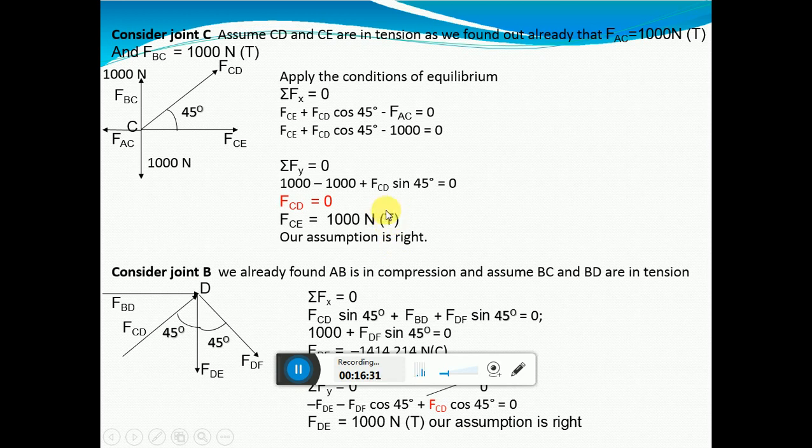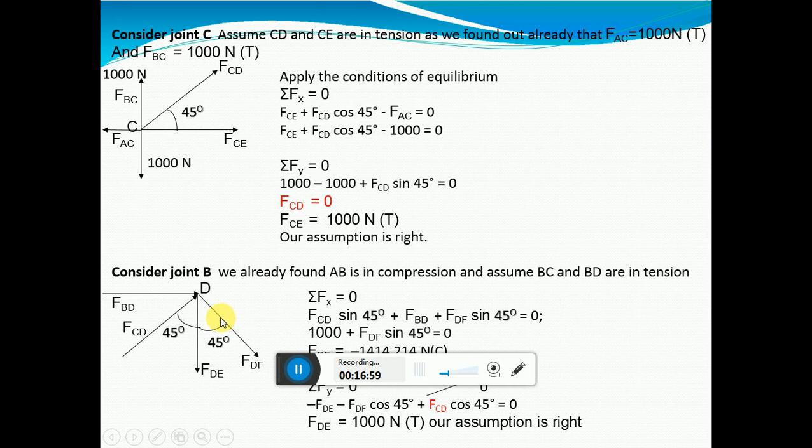Okay. Next, moving on to the joint D. Here it is written as B. Please consider this as D. Ignore this sentence. So we are taking the joint D, in which we have to apply the conditions of equilibrium. Summation f of x is equal to 0.